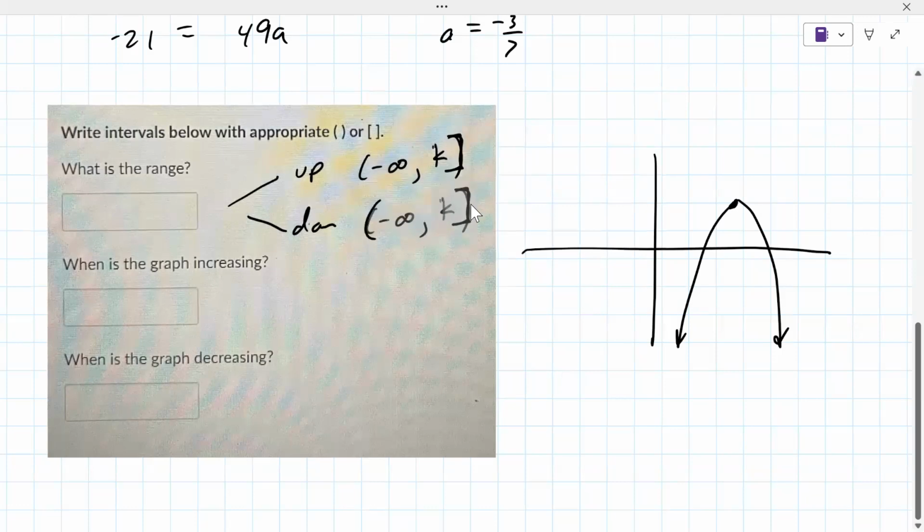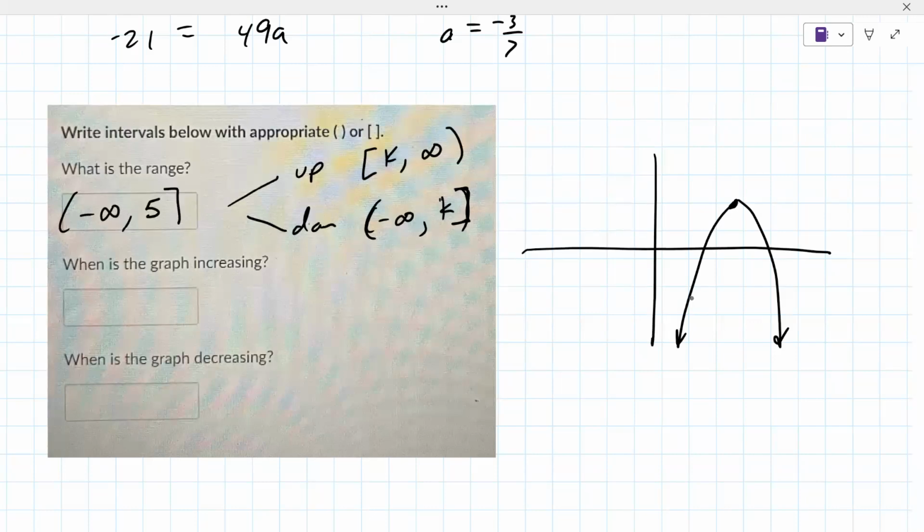If it opens up, it's bracket k to infinity. Yours opens down, so it's minus infinity to the y value of the vertex, which is 3.